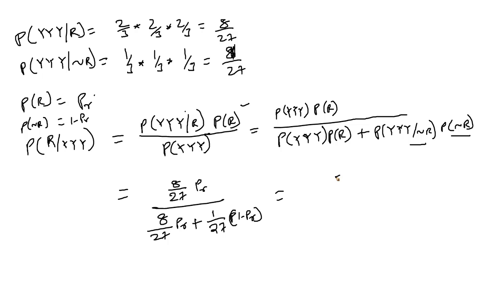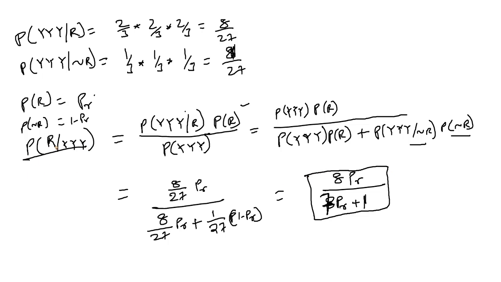So you can simplify it to 8 PR by 8 PR minus PR, so it's actually 7 PR plus 1. So this is our final equation. So the question is, what is the probability that it's raining, given that your friends, all 3 of them, are saying it's raining? It is equal to 8 PR by 7 PR plus 1.